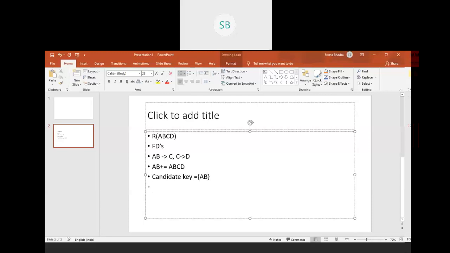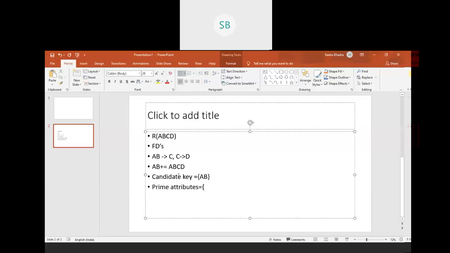In the last class, we also studied prime attributes. What is a prime attribute? The attributes which help in making a candidate key.